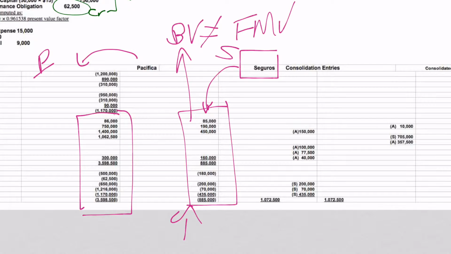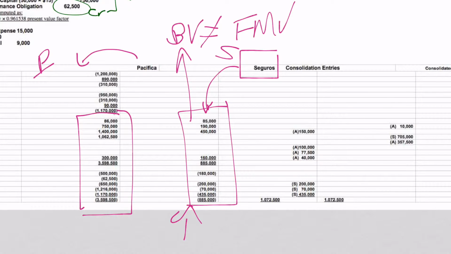The books of the subsidiary do not change. Where the change will come is in the presentation of the actual balance sheet itself, where we will adjust the book values to the fair market values that we found upon purchase price.